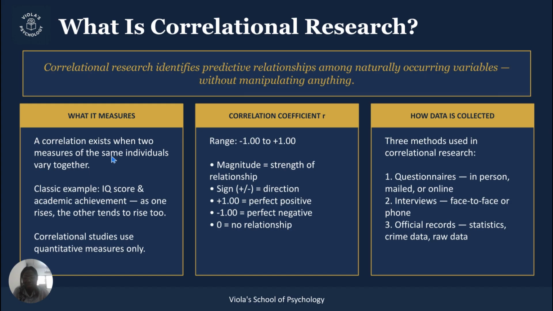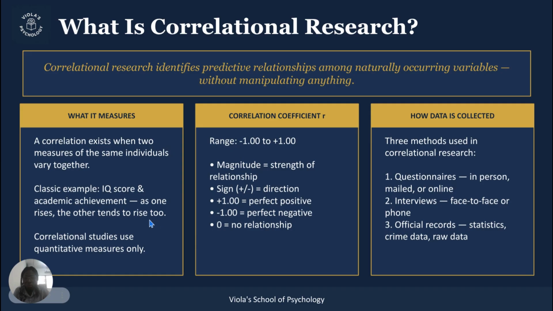The researcher does not change anything. He or she does not try to manipulate. They observe what already exists in the world and look for patterns. A correlation exists when two measures of the same people vary together, right? The classic example for this would be IQ score and academic achievement. You can see that as one rises, the other tends to rise too.